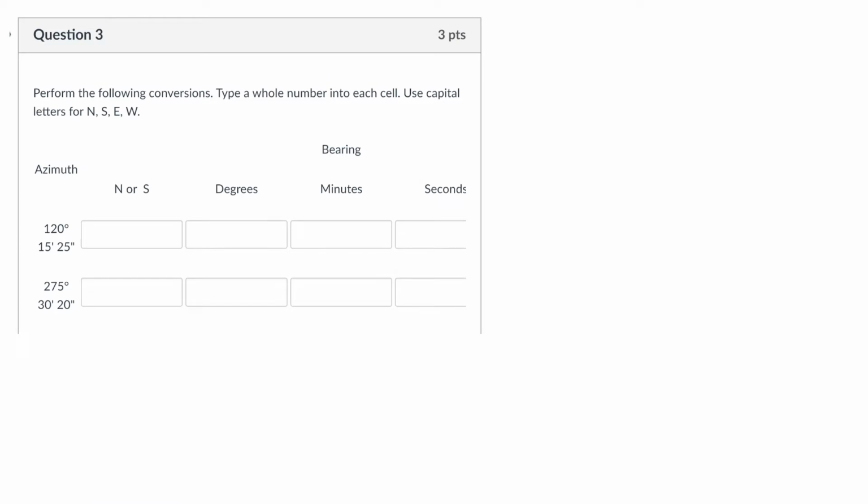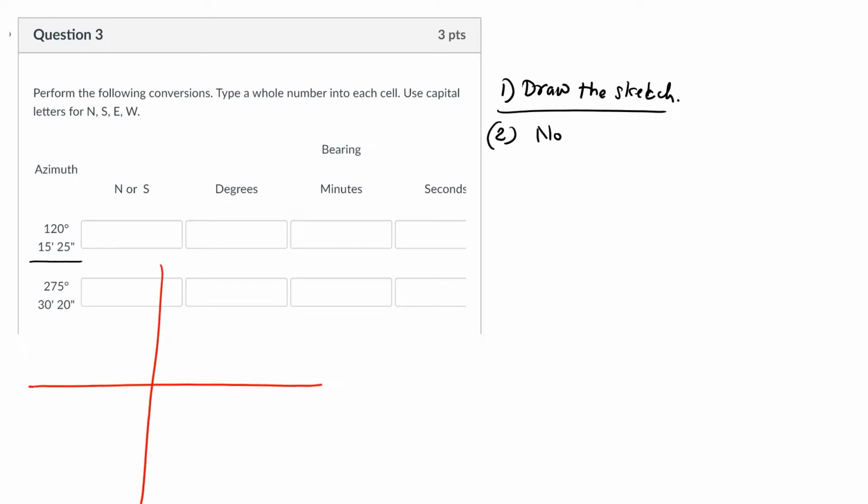Alright, so let us convert the azimuth to bearing. Again, step number 1 is draw the sketch. And step number 2 is, well, there is no step number 2. There's just step 1, which is draw the sketch. So let's try to convert this to bearing. First you draw north, south, east, and west.